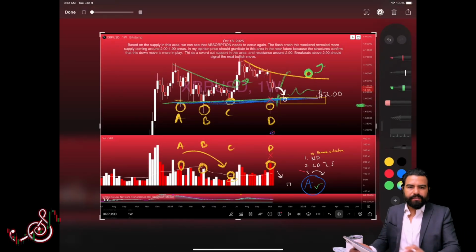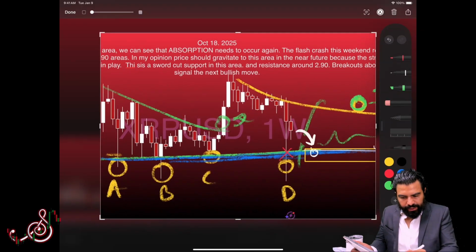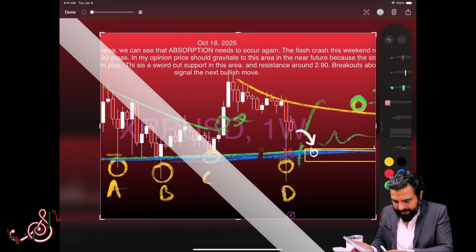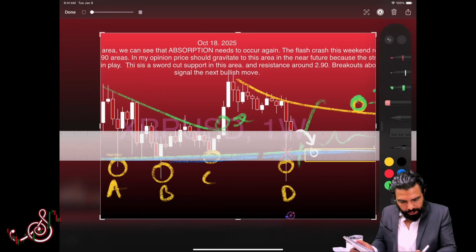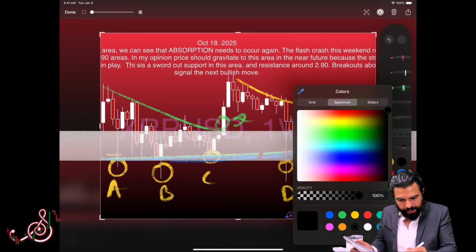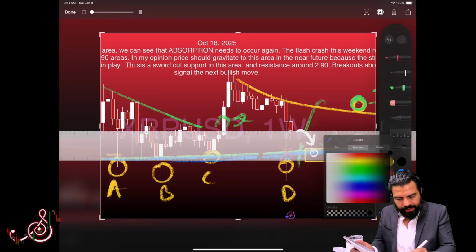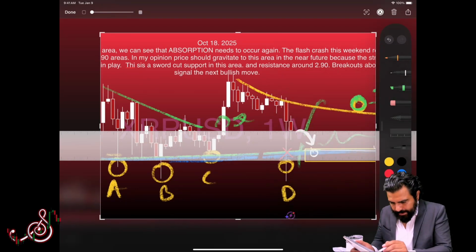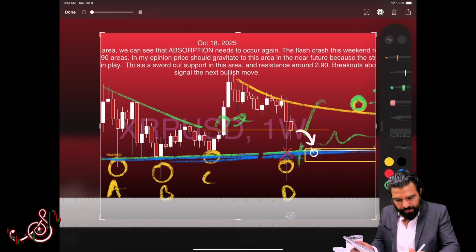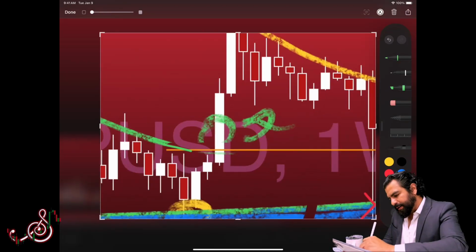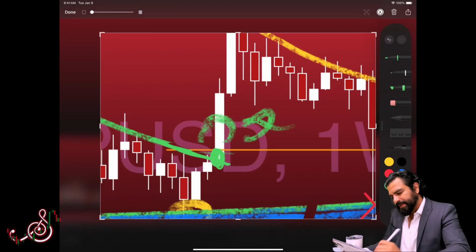Okay, so here's the next thing. Sword cut based on the broken parabolic somewhere approximately here. So draw that on your board. Should be a support approximately right here at the break. Sword cuts are drawn approximately where the candles cross over, somewhere about this area.